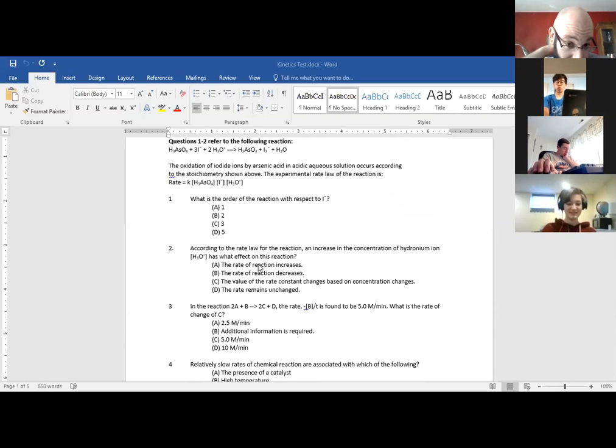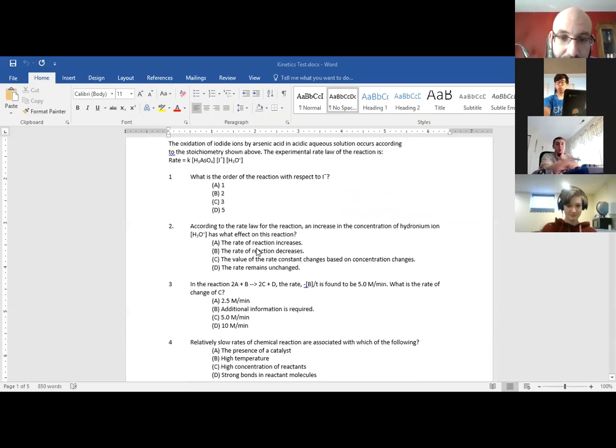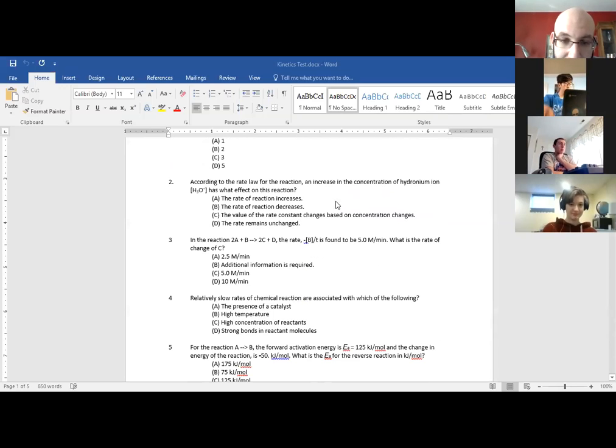Okay, so it's to the first power. 2, according to this rate law, what happens if you increase the concentration of hydronium? The reaction rate increases. And that's it, so it's A. 3, if B disappears at 5 molar per minute, C appears at twice that rate, so it's 10 molar per minute, or D.